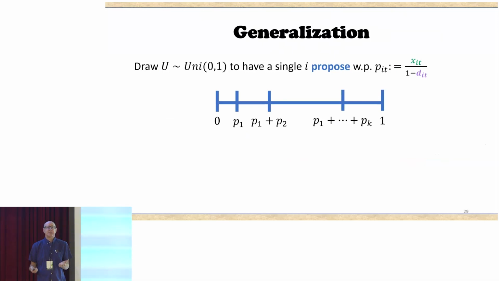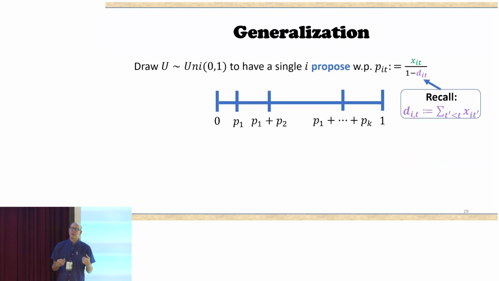So this is the basic idea. We'll take the proposers and we'll just pack them together where each proposer has size probability x_it divided by 1 minus d_it. d_it is just the fractional value from before, or the probability by which that guy has already been matched.